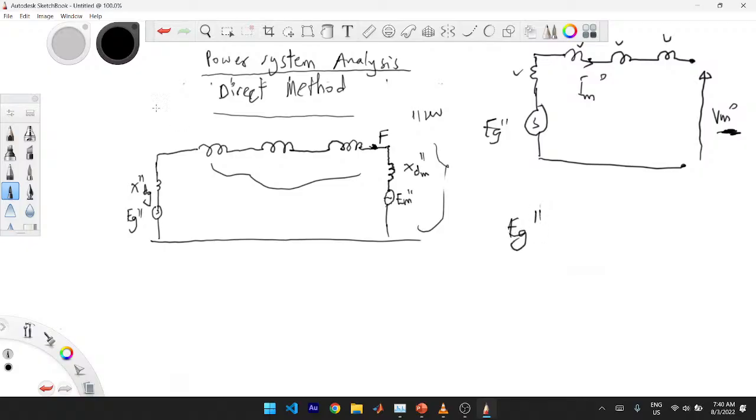So steps: first step, find pre-fault conditions. Second step, find Ej prime and Em prime using their respective circuits.